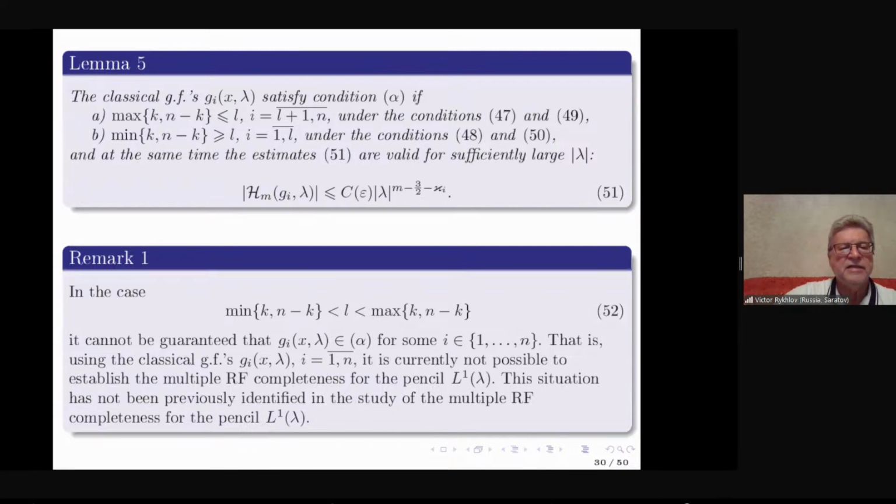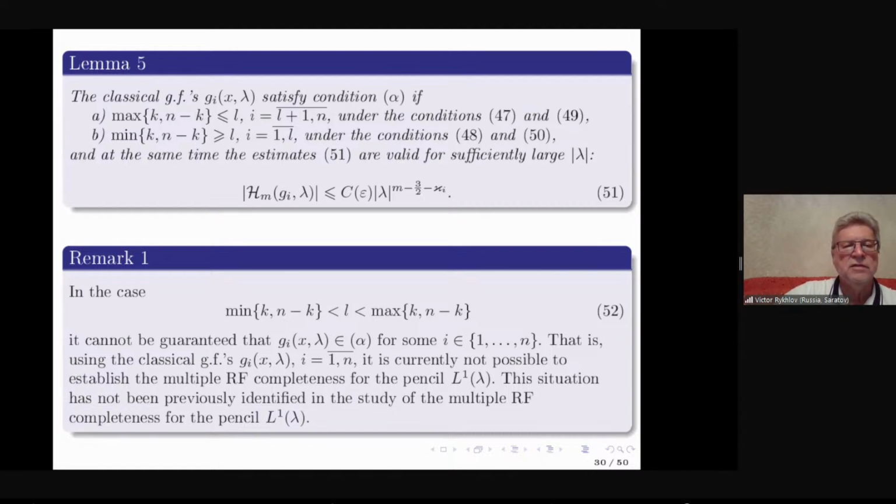Lemma 5. The classical generating functions g_i of x, lambda satisfy condition alpha if: a, the maximum of k and n minus k is less than or equal to l, i from l plus 1 to n, under the conditions 47 and 49; b, the minimum of k and n minus k is greater than or equal to l, when i from 1 to l, under the conditions 48 and 50.